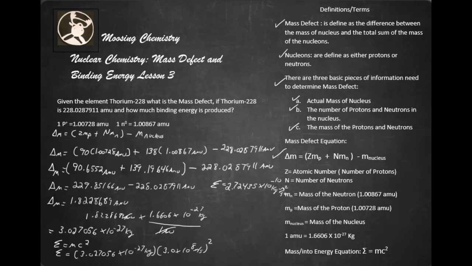But there's an easy way to write this: 2.72435 times 10 to the negative 10 joules per nucleus. And that's the binding energy.